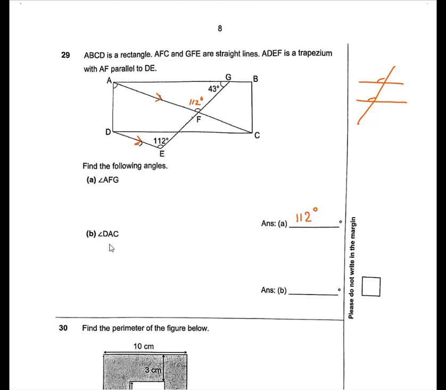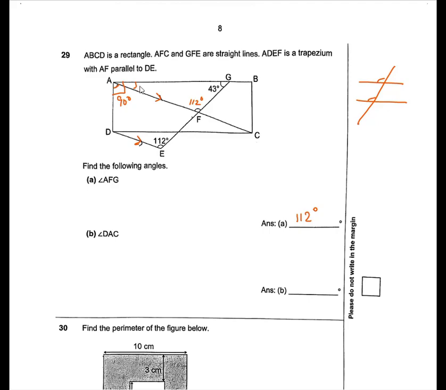The second question is angle DAC. They want to find angle DAC, which is this angle here. Now, in this triangle, first thing to note is it is said ABCD is a rectangle, which means this angle that we have here has to be 90 degrees. That we know. And in this triangle AFG, we know two of these angles. Can we find the third angle here?